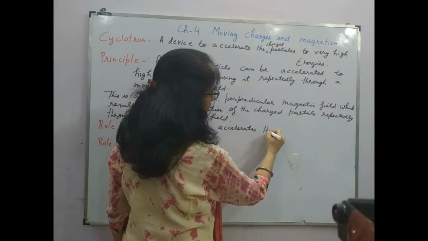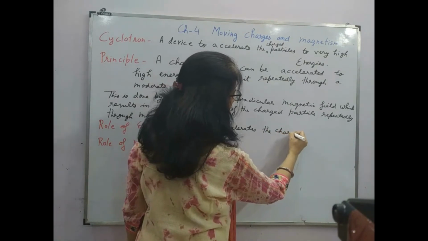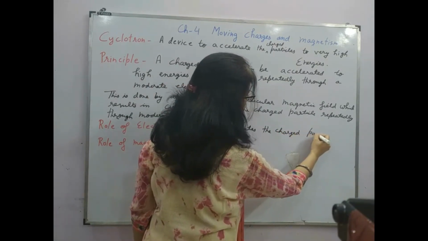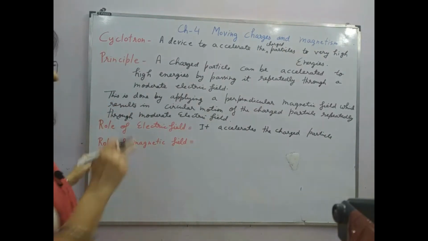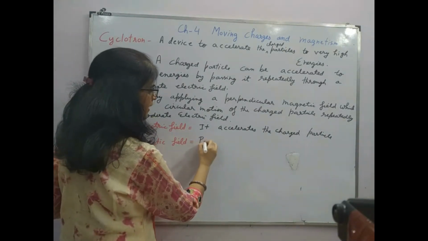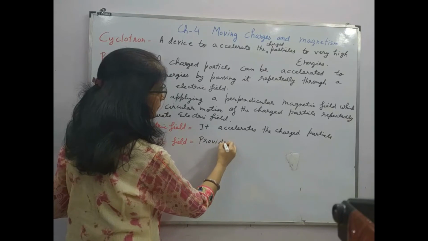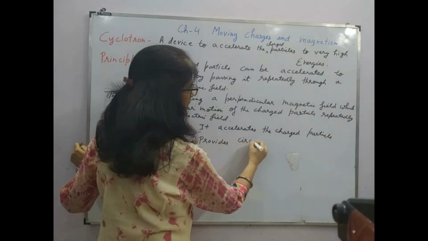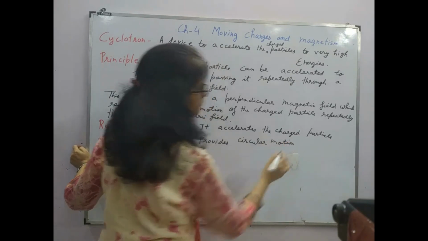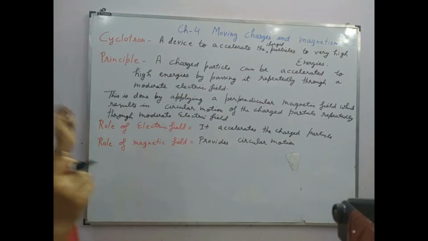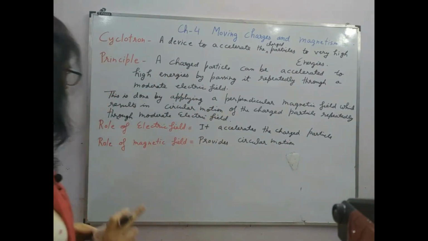It accelerates the charged particle. And what is the role of the magnetic field? It provides circular motion, obviously to the charged particle, right?